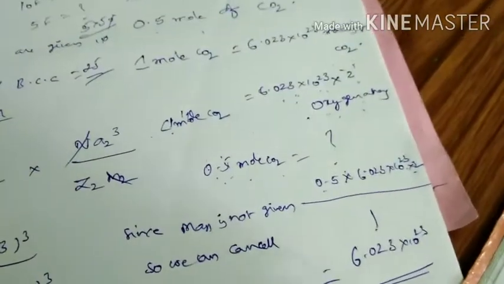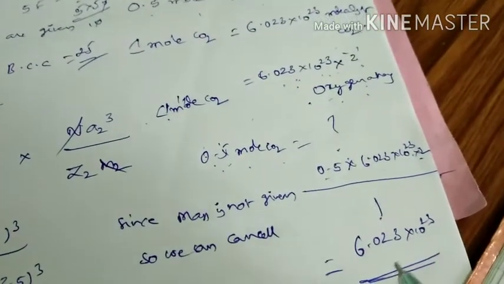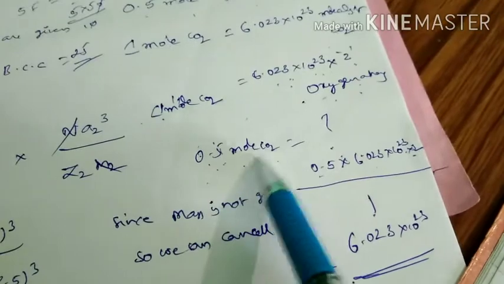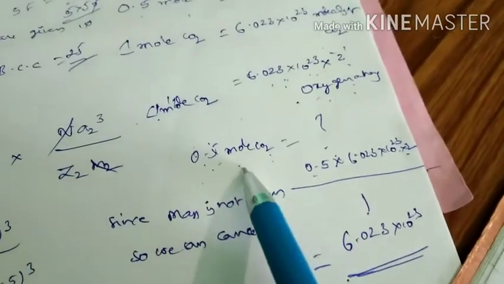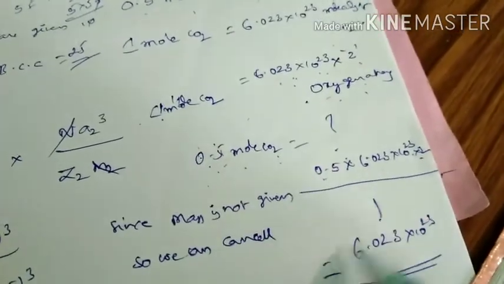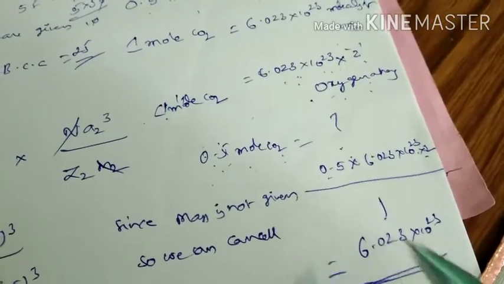What is this? This is the number of oxygen atoms in 0.5 mole of CO2. So we may face these types of questions at CBSE level.